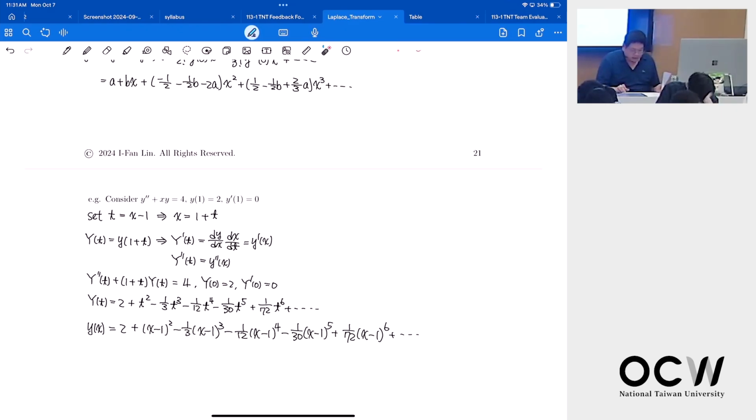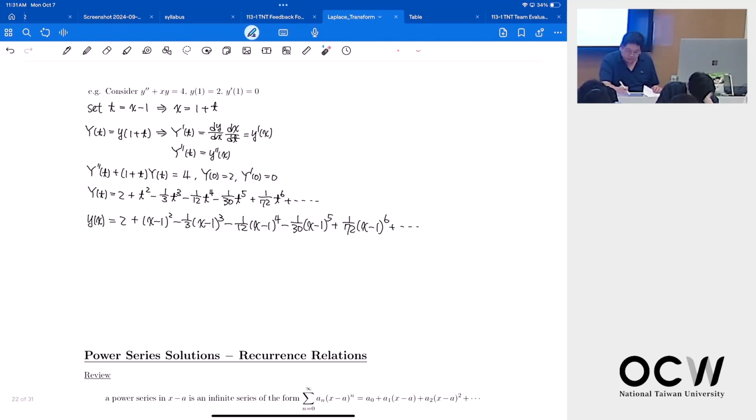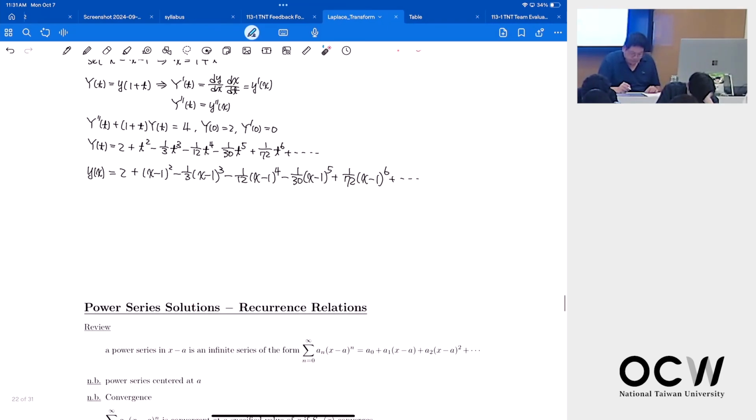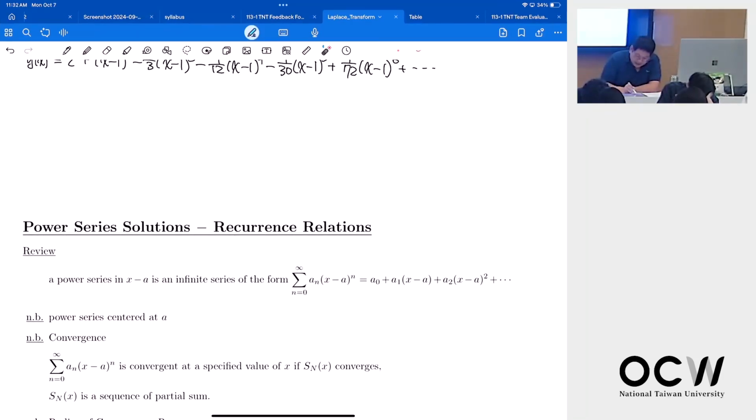Then later on we will talk about the power series solutions with recurrence relations. Before we talk about the recurrence relations, first let's have a review. I have a power series in x minus a. That is the infinite series. So I have this form. It's the power series about a. Okay.